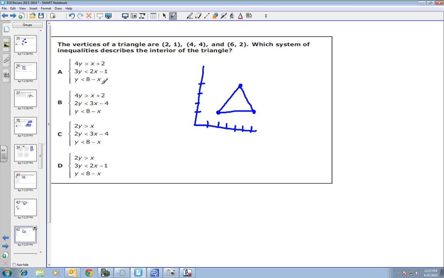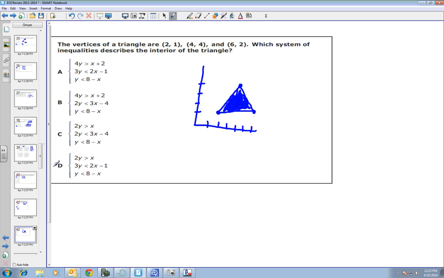So what they want to know is which system of inequalities describes the interior of the triangle. So what they're saying is, when I shade this triangle in and I pick a point in this shaded region, which inequality would work?